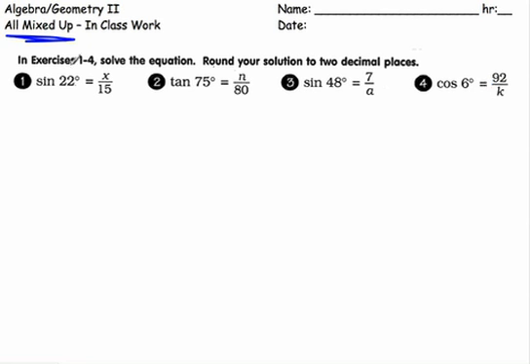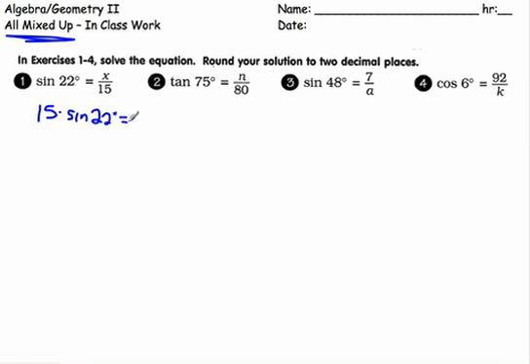The first one, I'll do a few of these and you will complete the rest of them. The first one, we see we have a fraction over here. Whenever we have a fraction, we need to somehow get rid of it. The only way to get rid of a fraction is to multiply by the denominator. In this case, that denominator is 15. So if we multiply both sides by 15, we'll have 15 times the sine of 22 degrees will equal x.